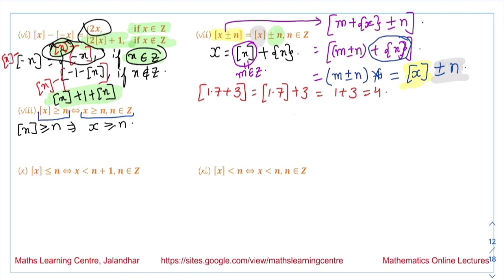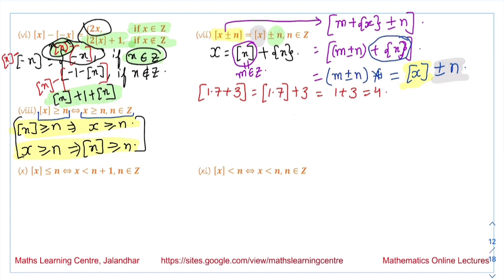It means the number is greater than or equal to n. And if any number is greater than or equal to n, then its greatest integer part is greater than or equal to n. So these things are clear from the definition. We are not moving towards the proof of these results, we are just understanding them, and this particular result is clear from the definition of the greatest integer function.